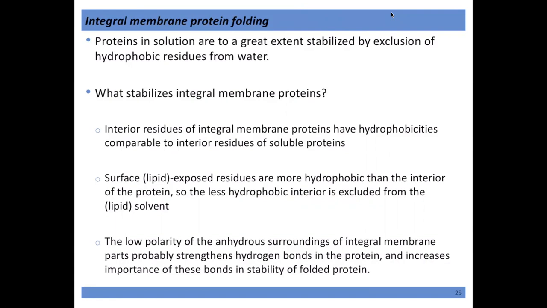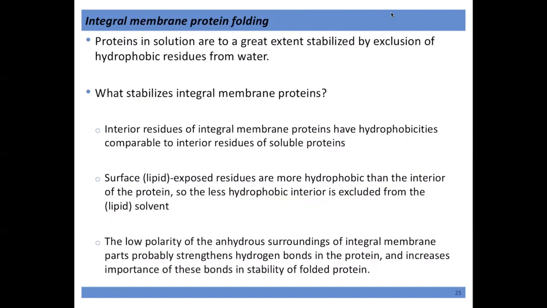But this is important right here, the low polarity of the anhydrous surroundings. So essentially what's surrounding those proteins likely strengthens the hydrogen bonds in the protein. And the reason for that is you don't have water on the interior of the lipid competing for those hydrogen bonds.